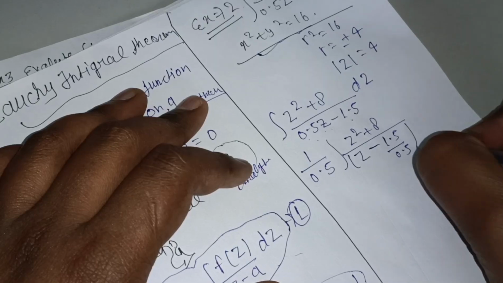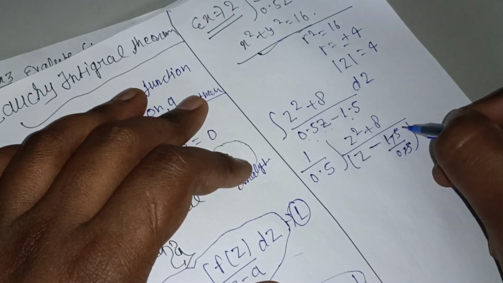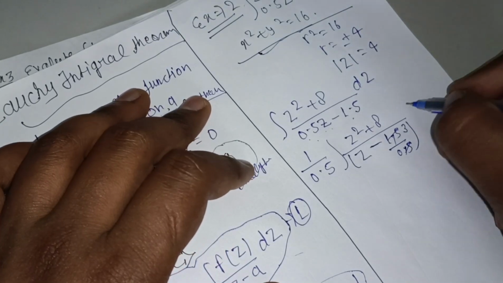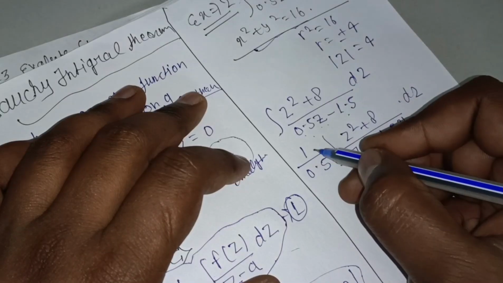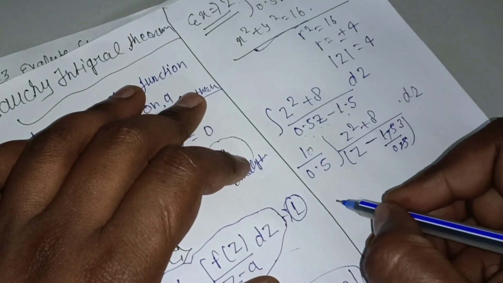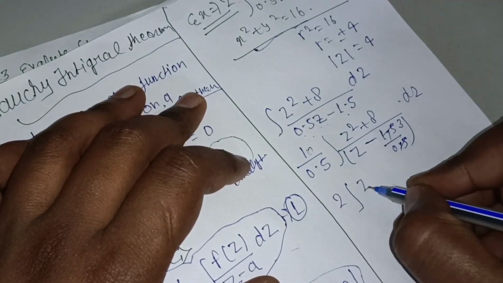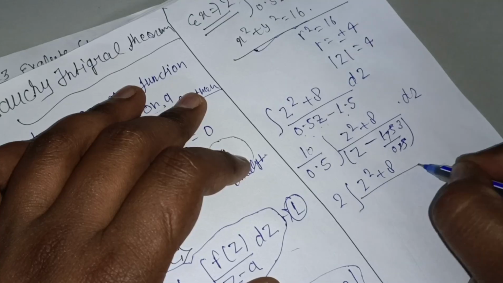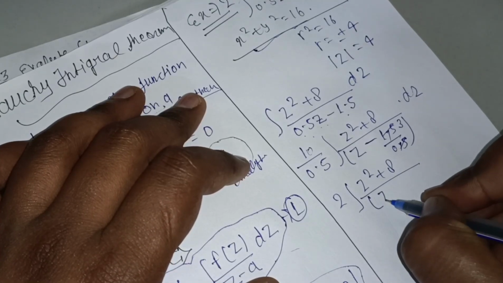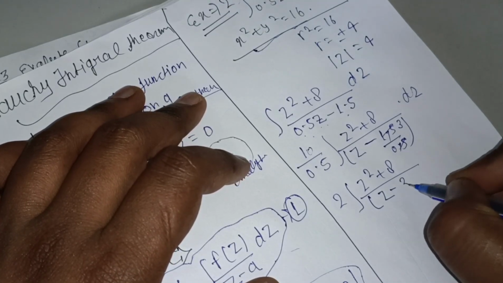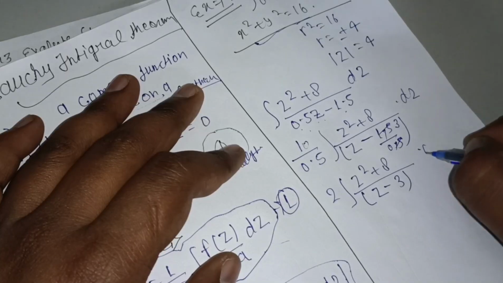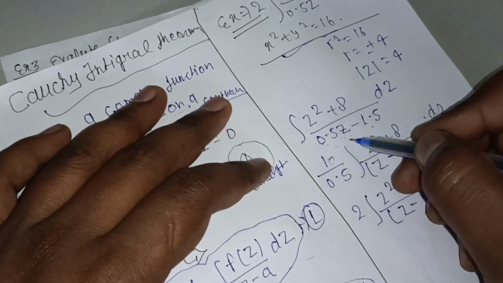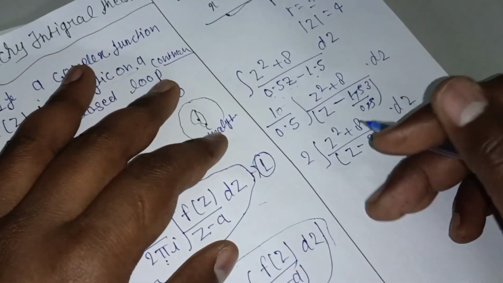Yes, so 1.5 by 0.5 cancels to 3. Here it will be 10 for the numerator, so 2 times z square plus 8 upon z minus 3. Got it? We have simply manipulated it.